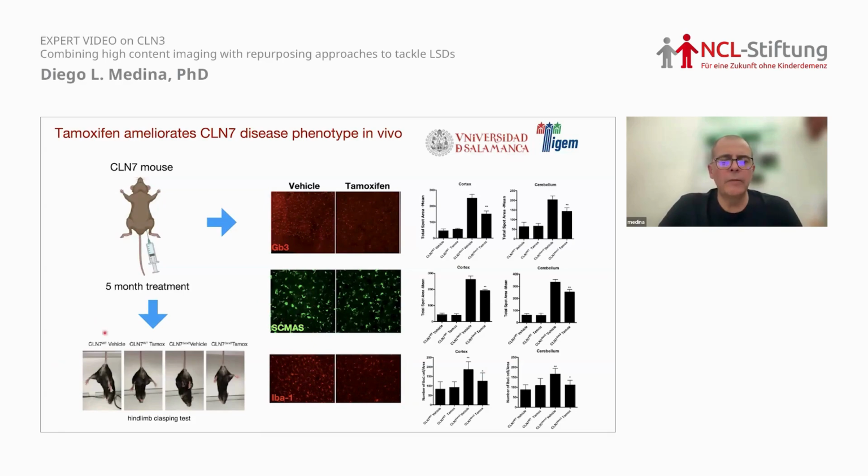Most importantly, by using the hindlimb clasping test, we also found that this motor dysfunction that appears in the CLN7 mouse, as you can see here, was rescued by the treatment with tamoxifen. So this data demonstrates that tamoxifen can ameliorate biochemical and behavioral phenotype in vivo in a mouse model of CLN7 disease.